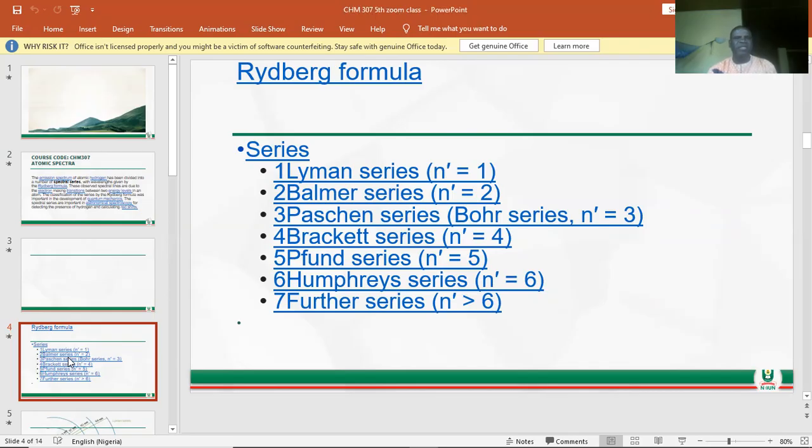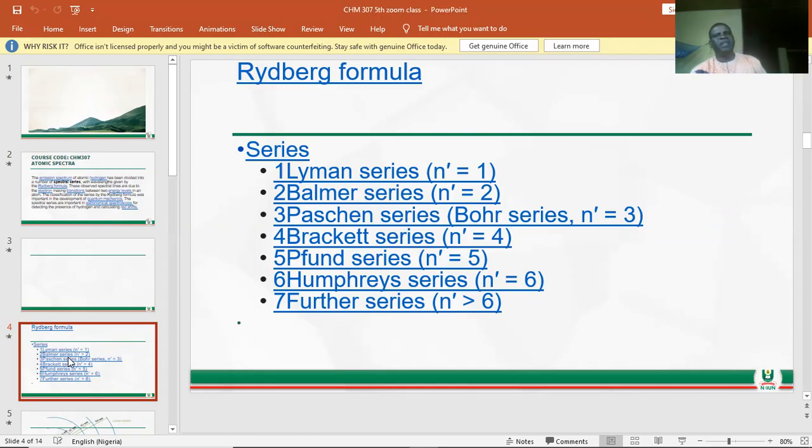Or in other words, the energy involved in the form of a photon, which is equal to E, is equal to Planck's constant times nu, which is hc over lambda, where h is the Planck's constant, c is the velocity of light, and lambda is the wavelength.